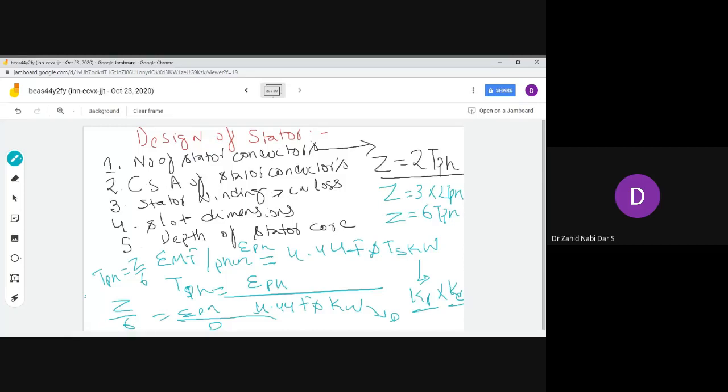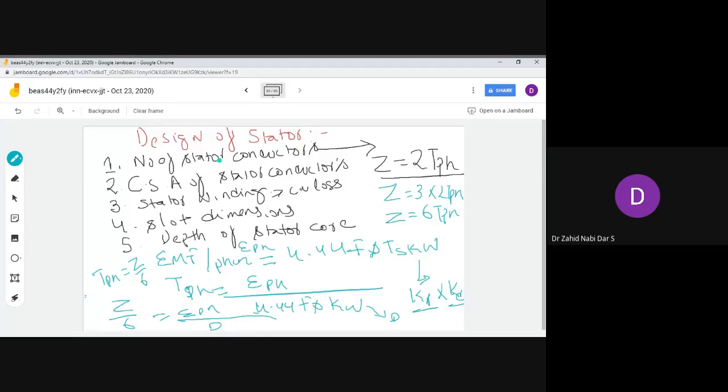Sometimes it can be in centimeter square also; at that time, as I told you, you have to multiply it with 10 power 4. If you are taking it in meter, then you have to convert it. So you have to see what the cross sectional area of the conductor is considered as, because CSA is the cross sectional area.